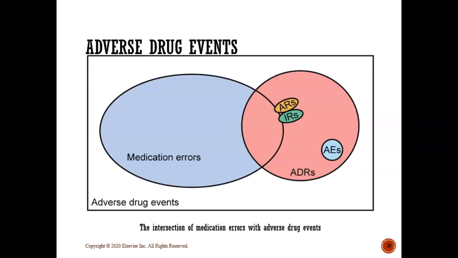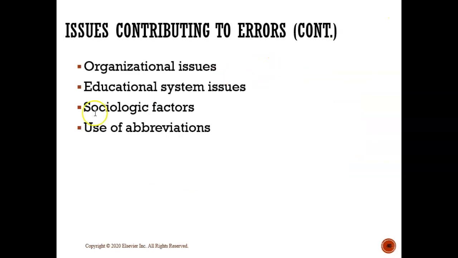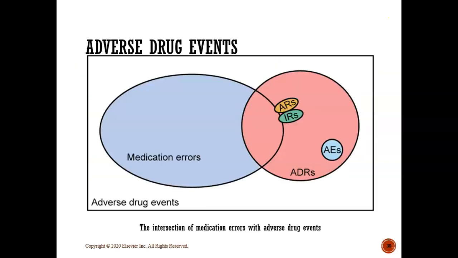This image right here shows you the intersection of medication errors with adverse drug events. If you see here, you have the big rectangle, which is your adverse drug events.